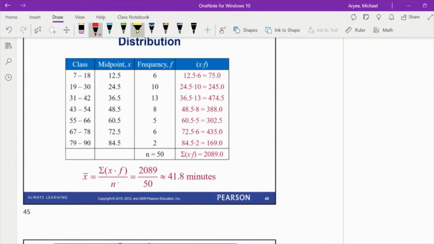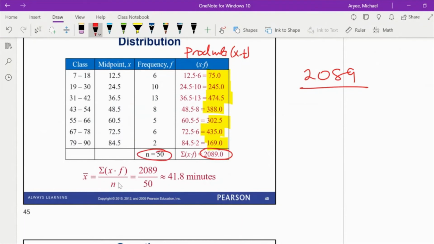All the multiplications are here, the product of x times f. The sum of the products gives you this. So the numerator is 2089. The denominator is the sum of the frequencies, which in this case is 50. And when you work it out, you get 41.8.